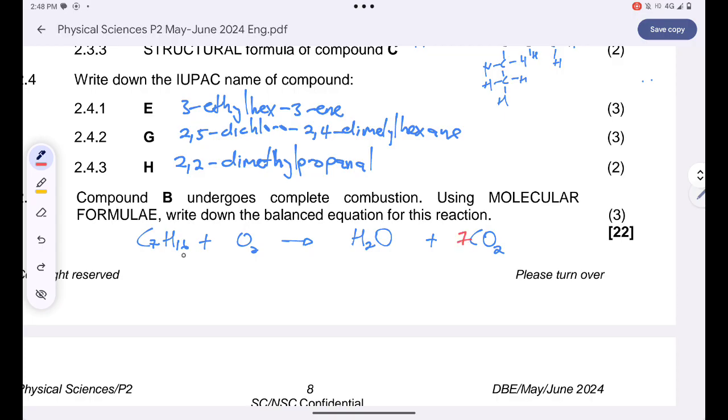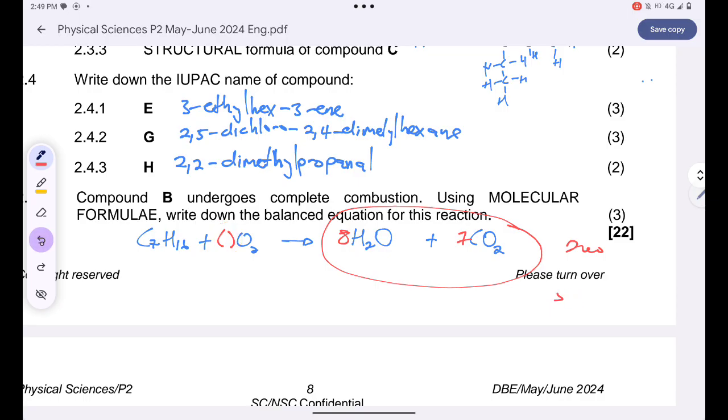I have 16 hydrogens, but I only have 2 over there, so I must write an 8 over there. Now let's calculate the number of oxygens. Whatever number of oxygens I have over here, if I have 200 oxygens, the coefficient over there should be half of 200. If I have 50 over here, the coefficient over there should always be half of 50.